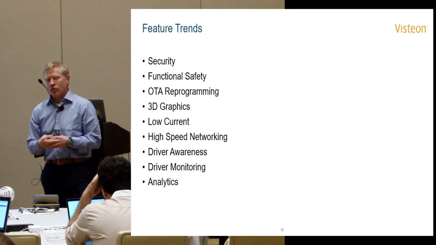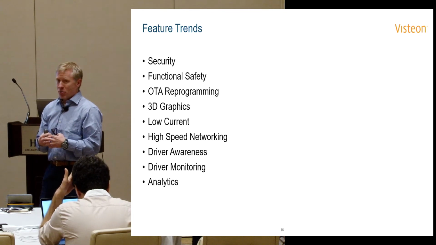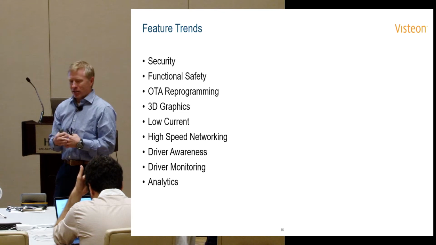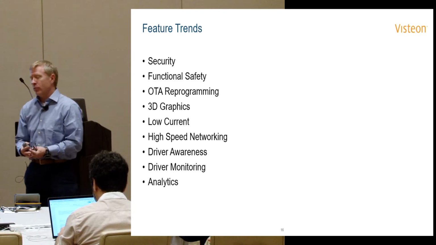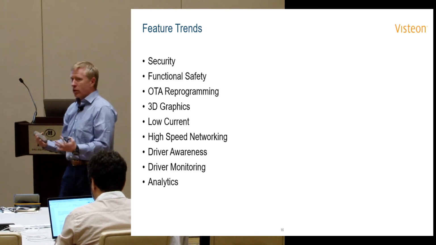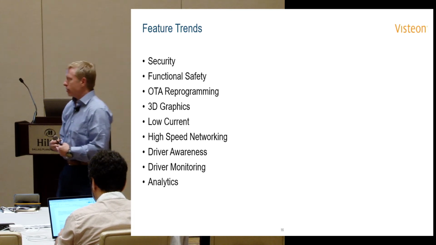Most of those controllers I was speaking about earlier possess multiple networks, and those networks potentially have the same vulnerabilities that you'd be familiar with. A lot of those controllers are on Ethernet. Some of them are on cellular. So we have many cybersecurity concerns.